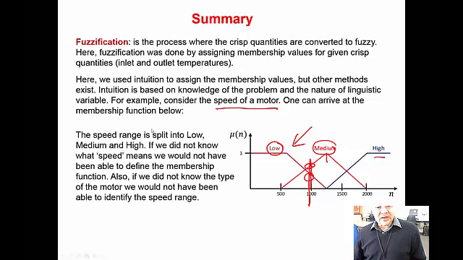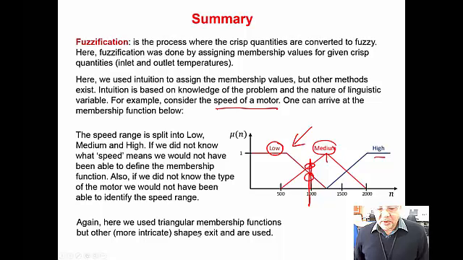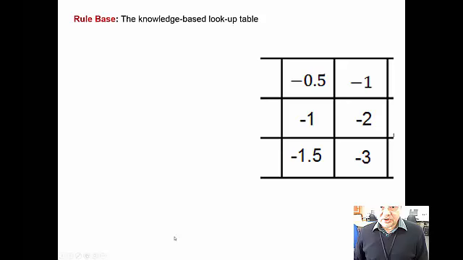So to summarize, the speed range is split, but we could not have been able to fuzzify any value of a speed like 1,000 unless we knew the nature of the variable we are controlling, the speed, and also how that motor operates. We use triangular membership functions, but others do exist and are indeed used.